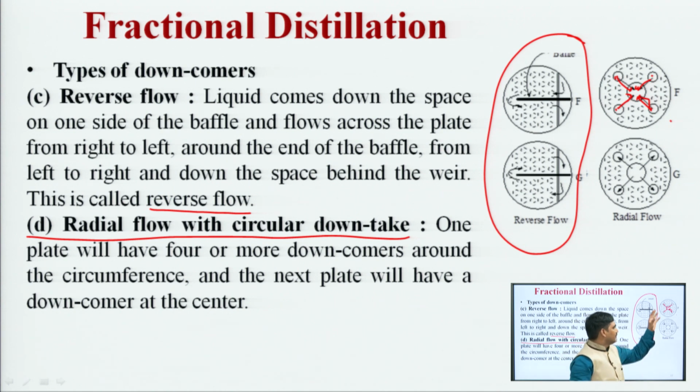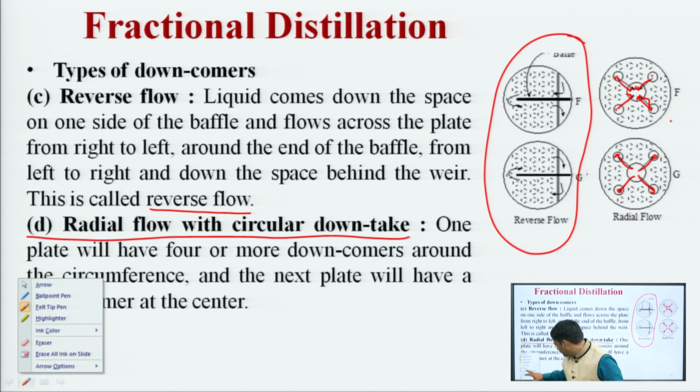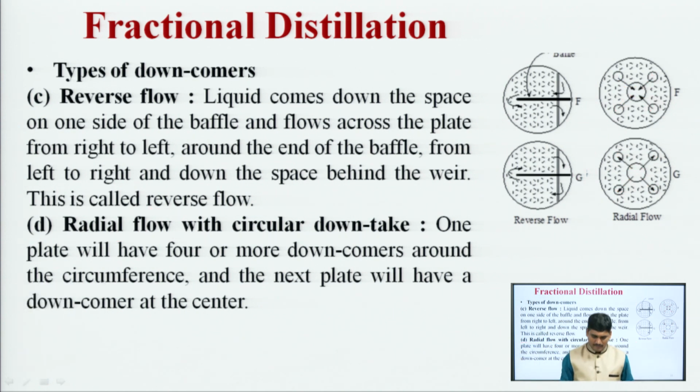So, what happens is that on one plate the liquid is moving from the side to the center, and on the next plate the liquid is moving from the center towards the circumference.